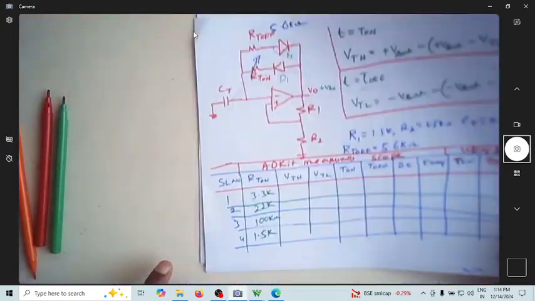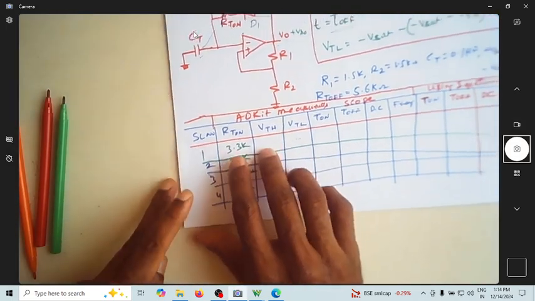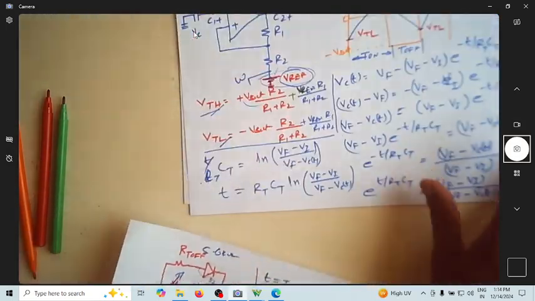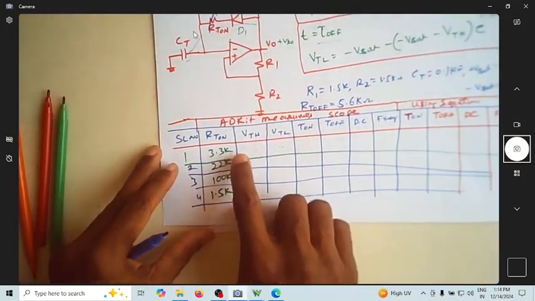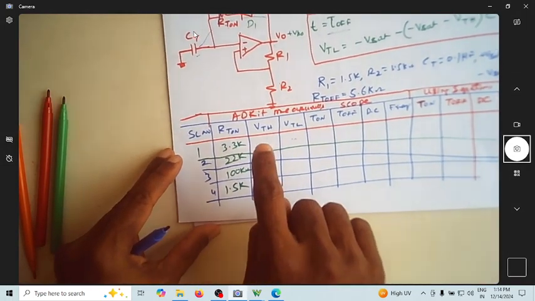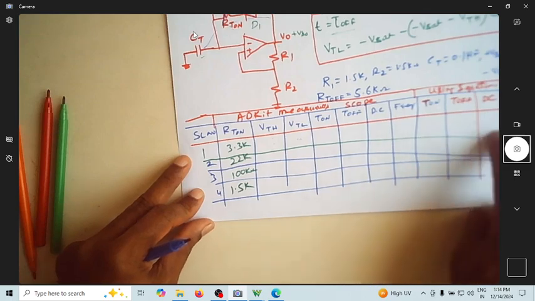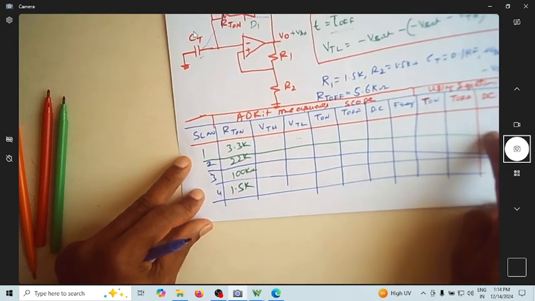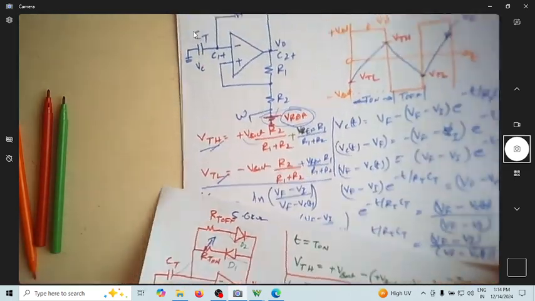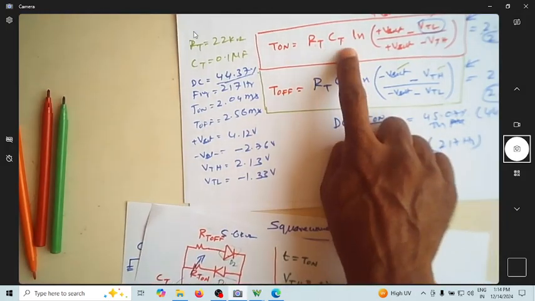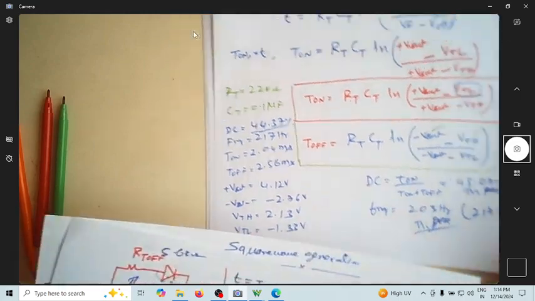You can consider this for different values of the reference voltage, and find again VTH, VTL, T on, T off. These are the measurements, and you can verify the on time, off time, duty cycle, and frequency using this simplified equation from the main equation of capacitor voltage.